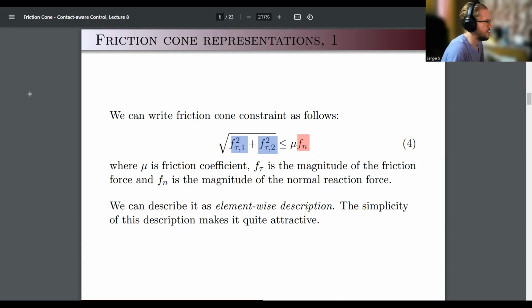The left-hand side is just the definition of the norm of a vector, and the right-hand side is just mu times Fn, the magnitude. All is very clear. The fact that there's a cone should also be clear. It's more or less the definition of a cone: the norm of a vector less than or equal to this.